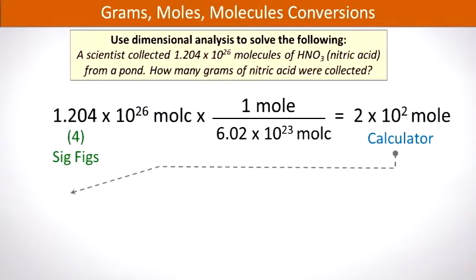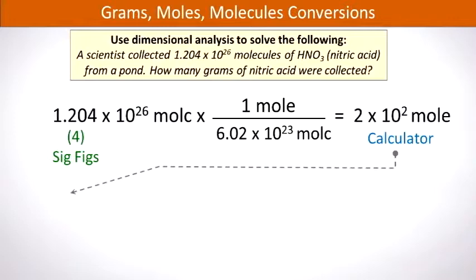We start the problem by following the rules of dimensional analysis. We write the given in molecules. Therefore, 1.204 times 10 to the 26 molecules is the given. We cross multiply the units molecules using Avogadro's number of molecules per mole. And we have an intermediate calculated value of 2 times 10 to the 2 mole.